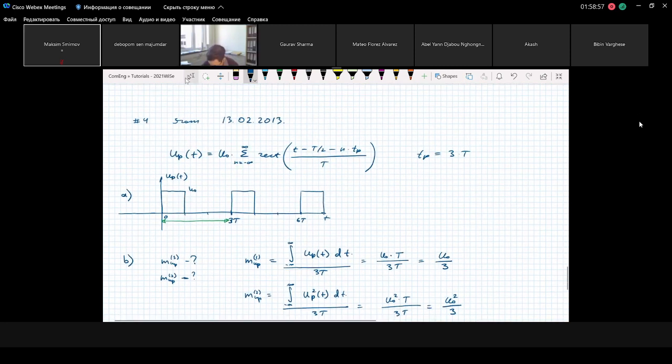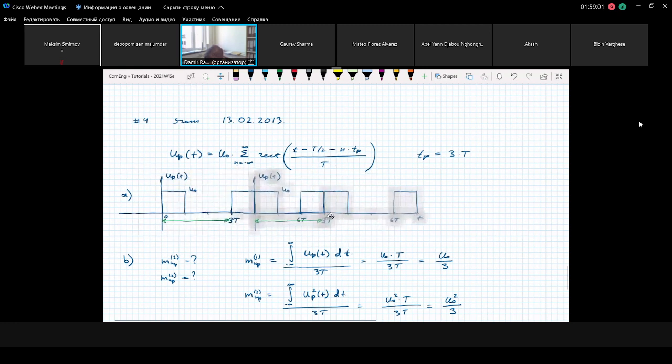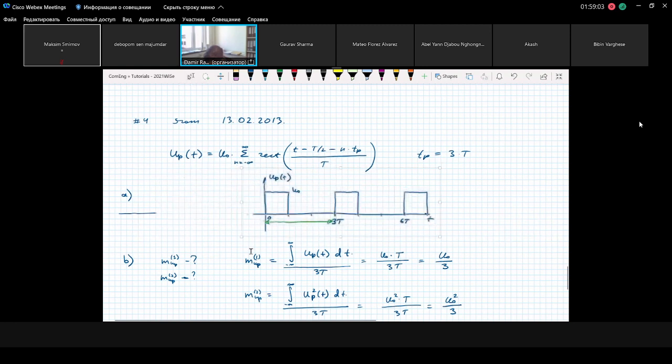If you want to have the negative part, we can also introduce it. So we have 1, 2, 3, and then we have a pulse at this position. It will be from minus 3T to minus 2T. And of course the sequence also goes to minus infinity.